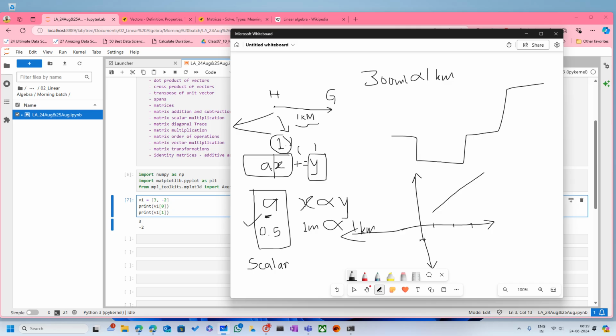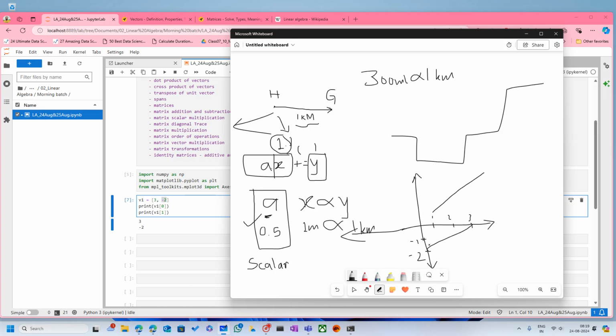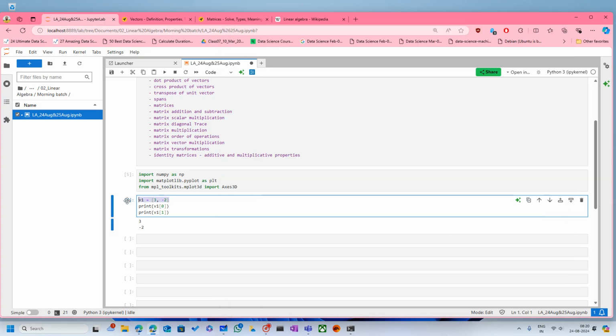This is -1, -2, 1, 2, 3. So this line is what we are talking about, and always this value is x, this value is y. So this vector is going from 3 to -2, hence the direction is this. This is your vector. The point that we have represented here is that point.